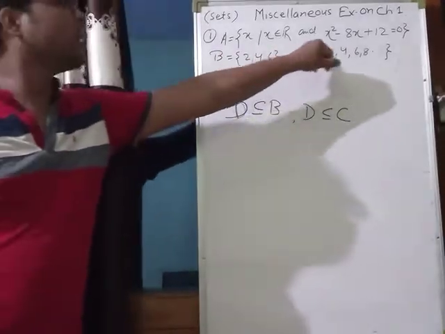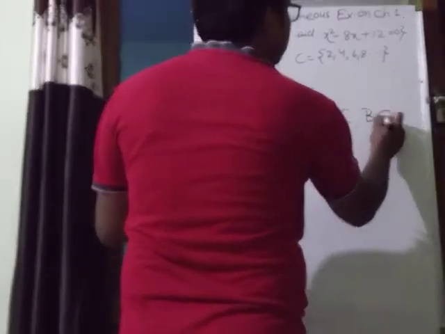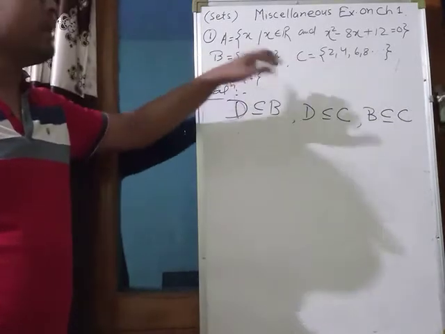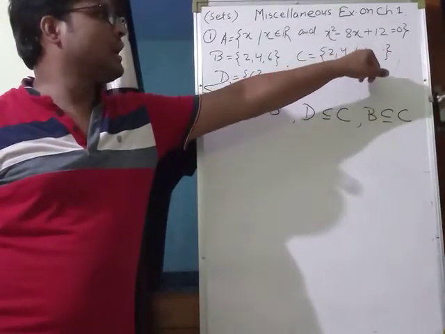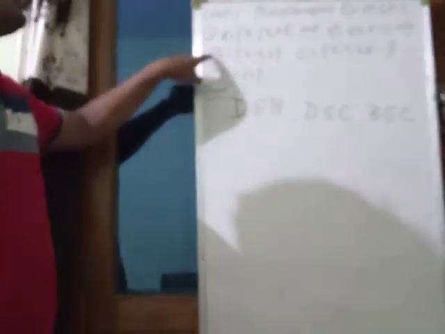All its elements belong to C, so clearly B is also a subset of C. But C is not a subset of B, because there are several elements, 8, 10, 12 and so on, which do not belong to B.